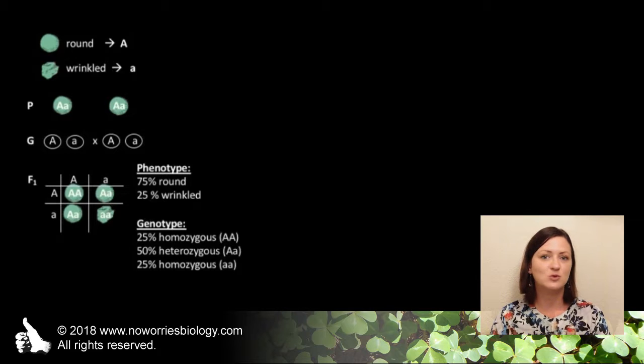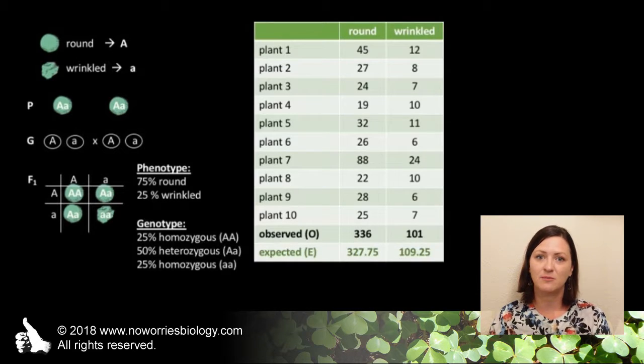In his paper Versuche über Pflanzenhybriden, Experiments on Plant Hybridization, Mendel offers, amongst many other sets of data, the actual results of this crossbreeding scenario conducted with 10 different plants. When adding these numbers together, we have 336 round seeds and 101 wrinkled seeds in an overall number of 437 seeds.